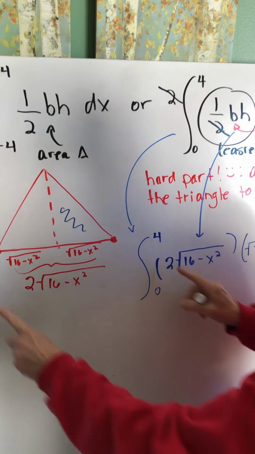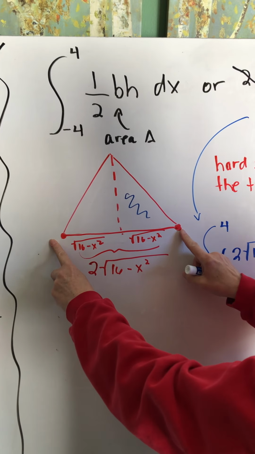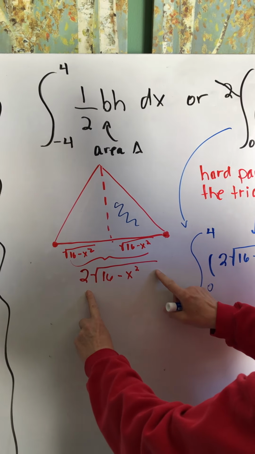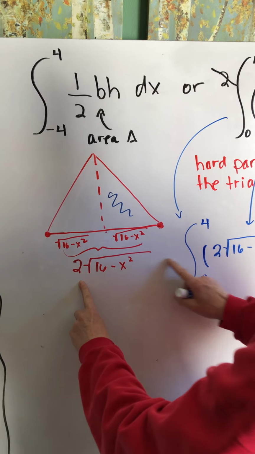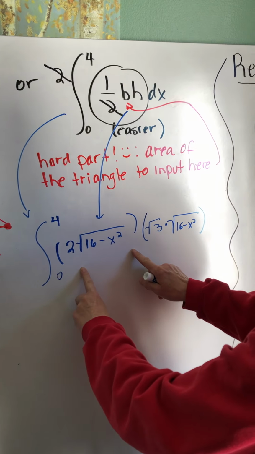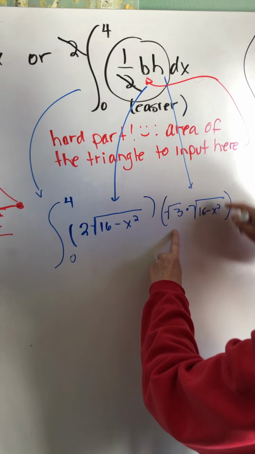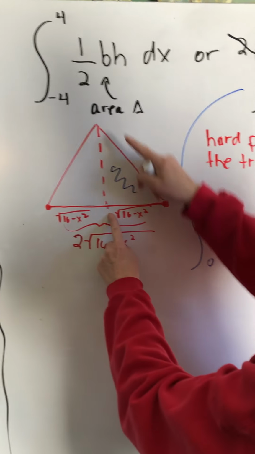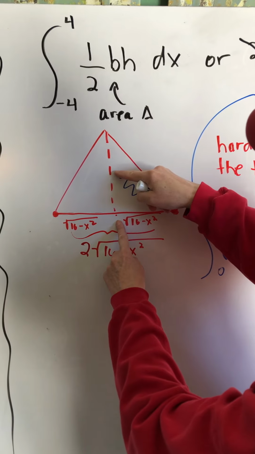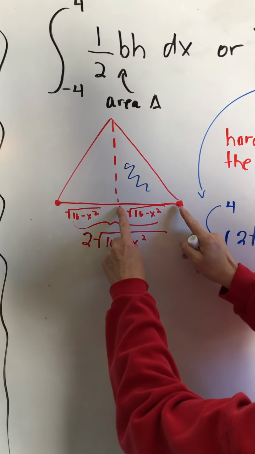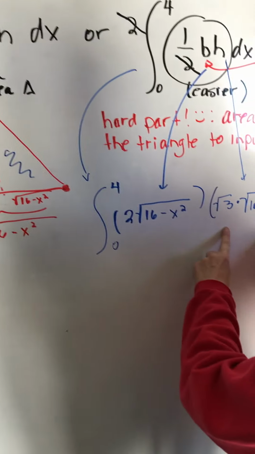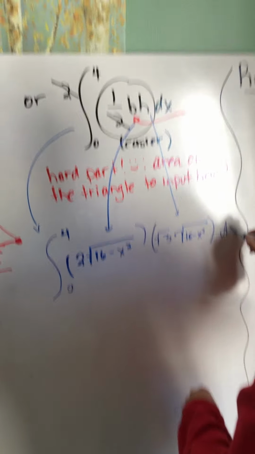Okay, let's see that again. The whole base is 2 times the square root of 16 minus x squared. There's the base. The height is, again, let's look right here, the square root of 3 times the smallest side. There it is, and there is our dx.